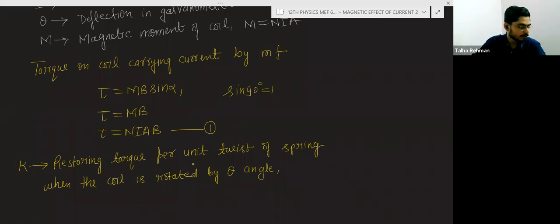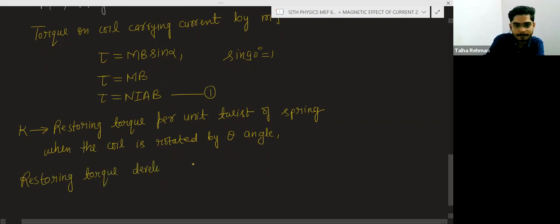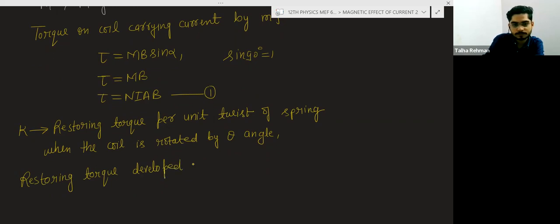Why is the restoring torque developing? Because this coil is rotating and here a spring is attached. So this spring will generate a restoring torque. Okay, so restoring torque developed in the spring, not the coil.